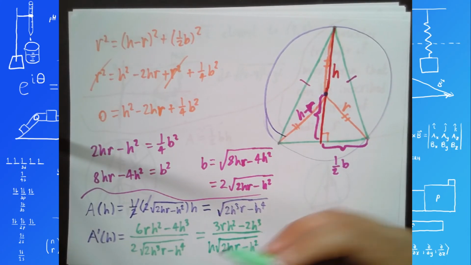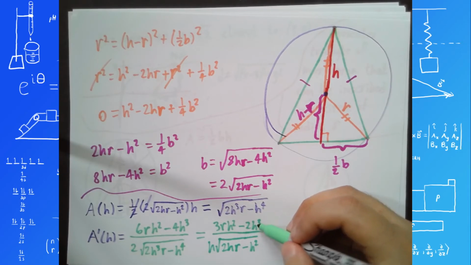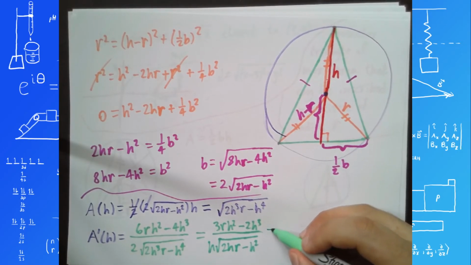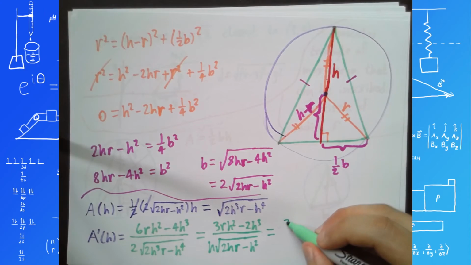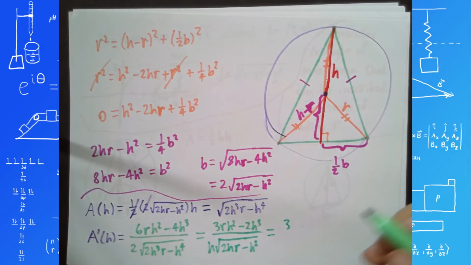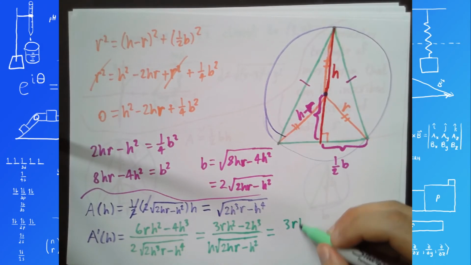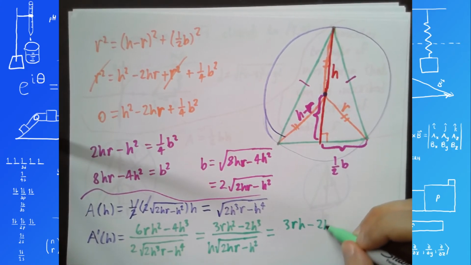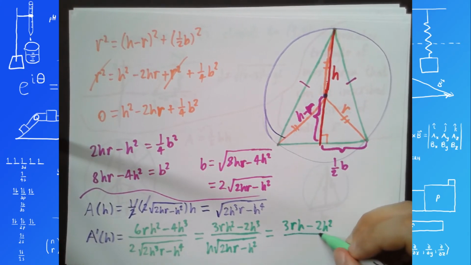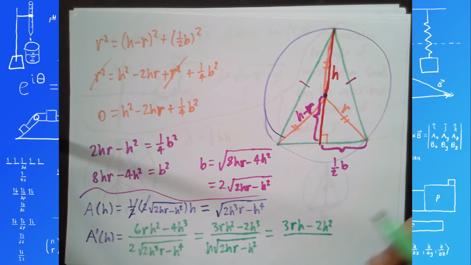That h on the outside reduces with the h squared and h cubed in the numerator, giving us 3rh minus 2h squared. I get the feeling I may have just wasted my time doing that, because everything in the denominator is going to get multiplied by 0 anyway.